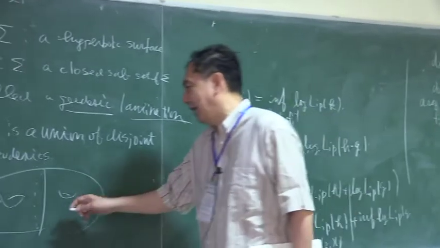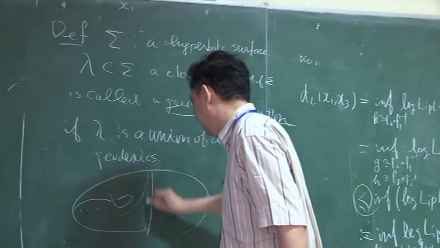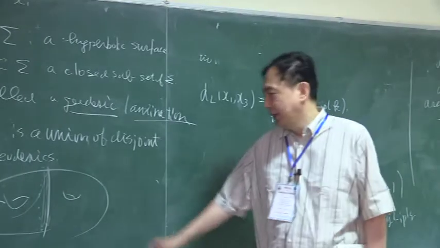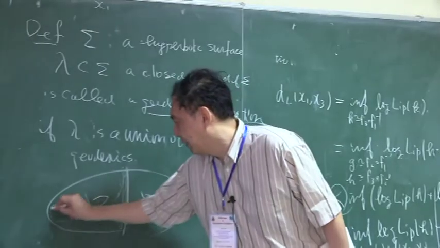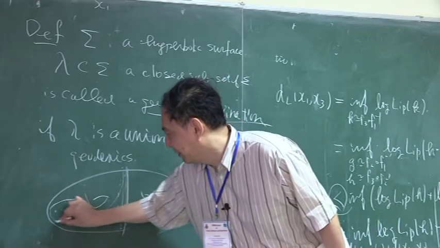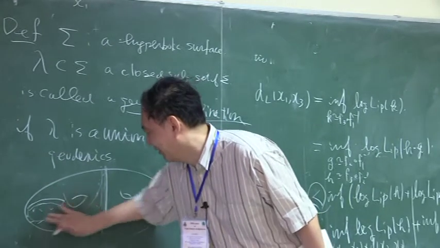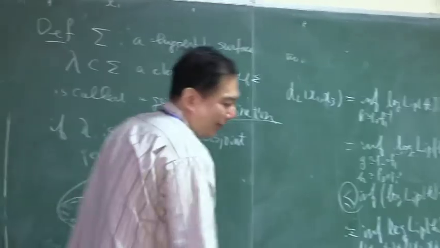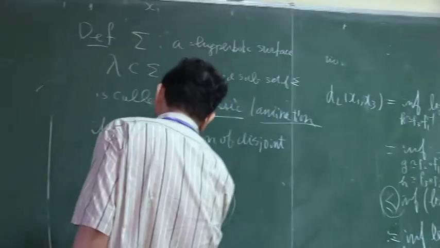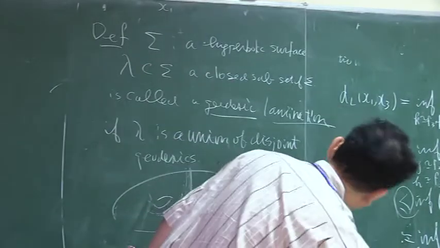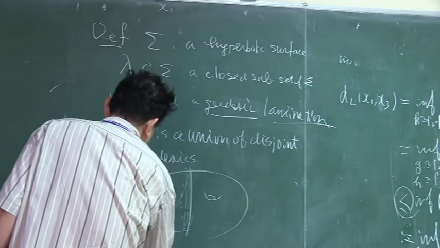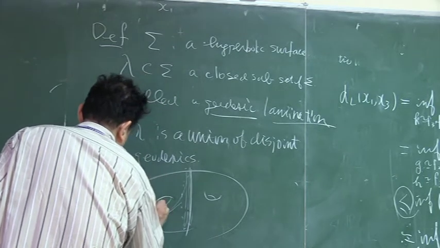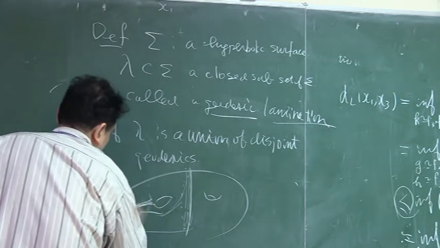And add an infinite geodesic spiraling around here and there. It's probably better to make it spiral from the other direction because it's easier to draw. Something like that.